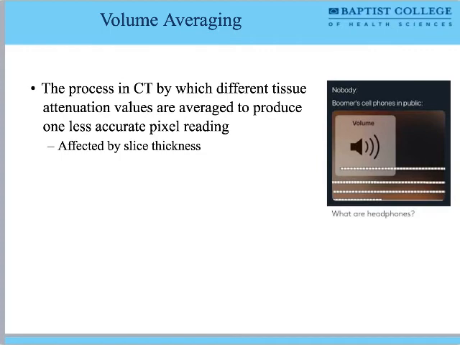The same thing can happen in CT. I can be making big slices through the patient's body, and is it possible I would miss a kidney stone? Yes, it's possible, because the information, again, is being averaged and put into a drawer. So I could average out the kidney stone.